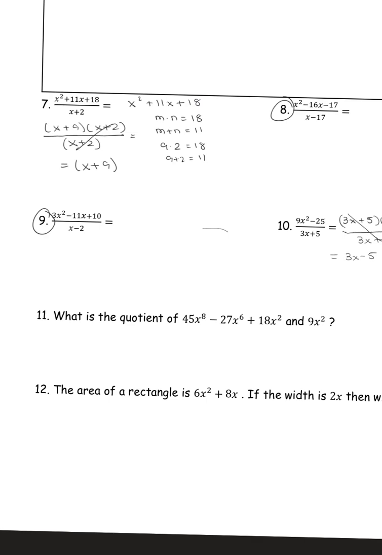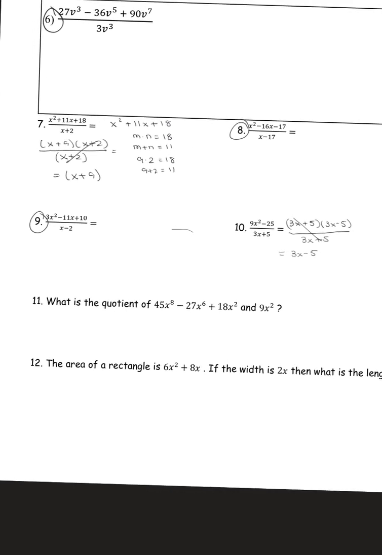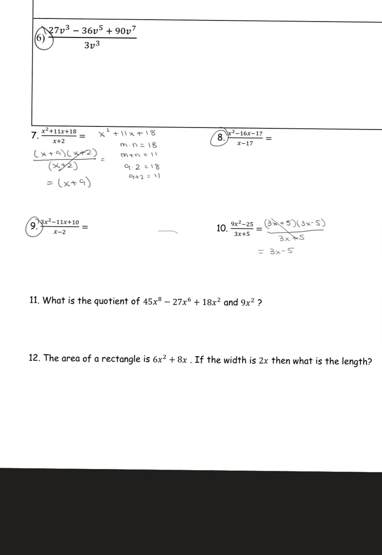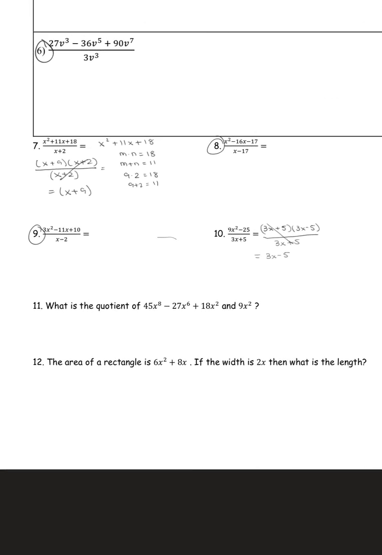So looking at number 12, we have the area of a rectangle is 6x squared plus 8x. If the width is 2x, what is its length? All right. So looking for the length, looking for the width. We know that area is length times width.